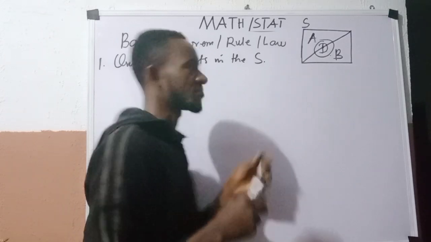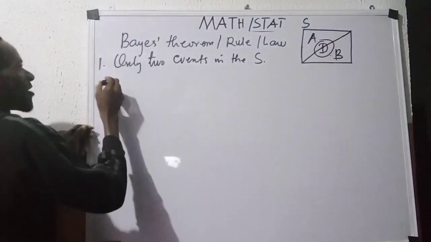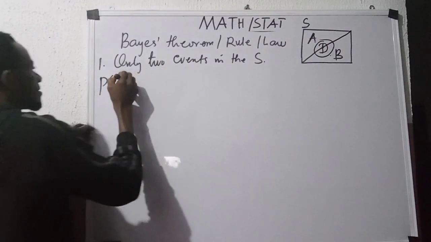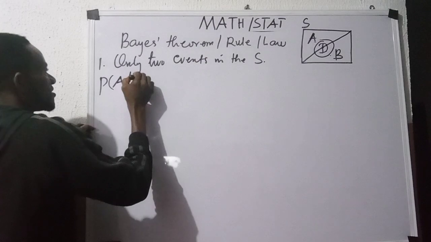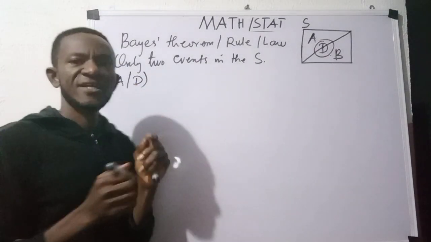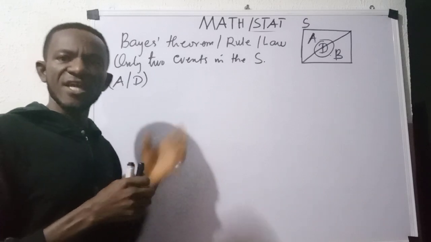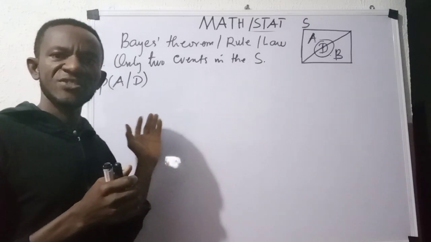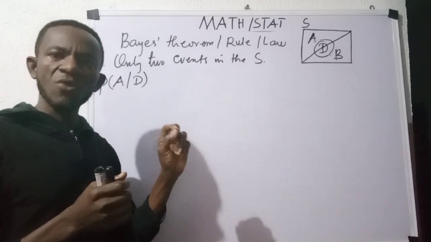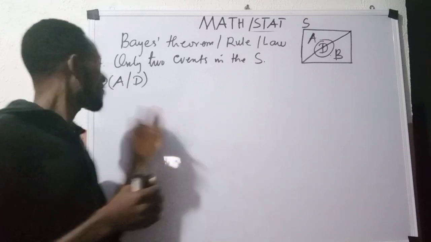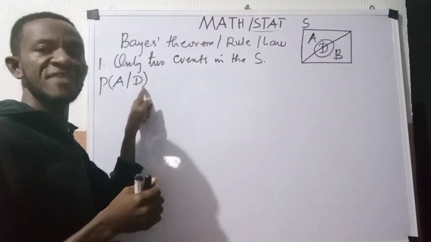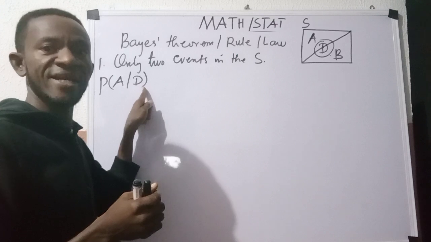So we begin with the first one, which is this. So we talk about the probability of A given D. Do remember that the conditional probability in one of our previous classes already had been defined as the ratio of the joint probabilities of the events involved to the probability of the event that had occurred earlier.